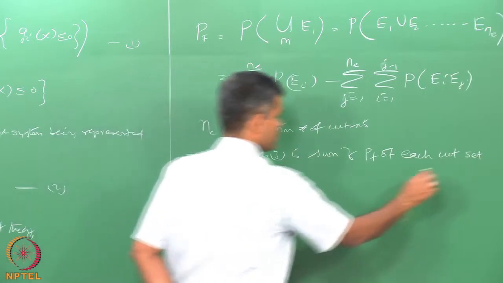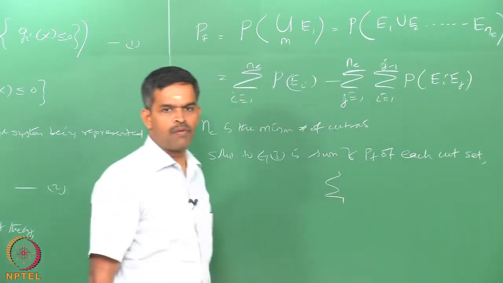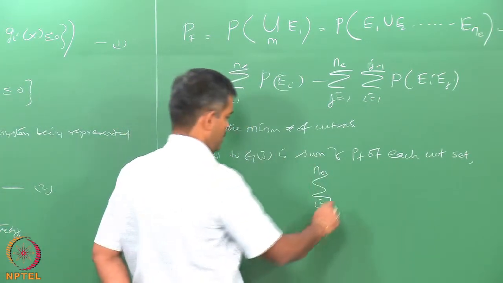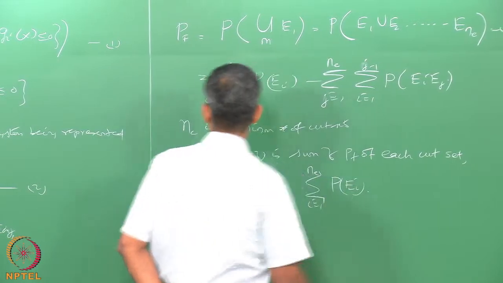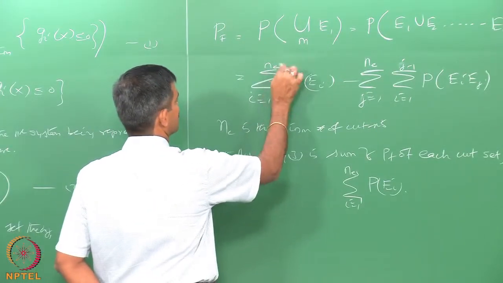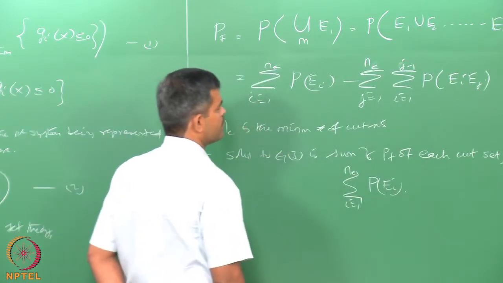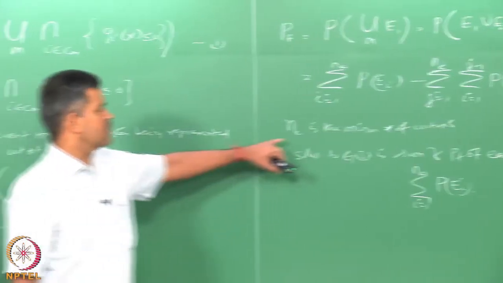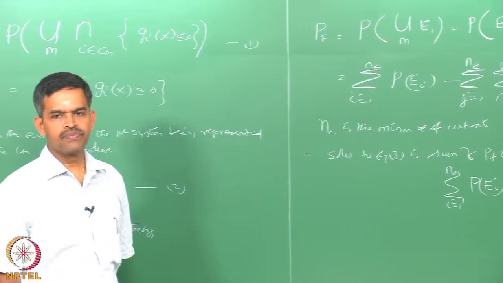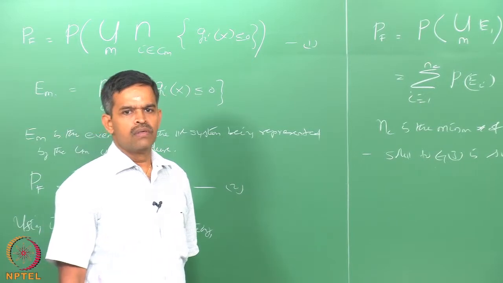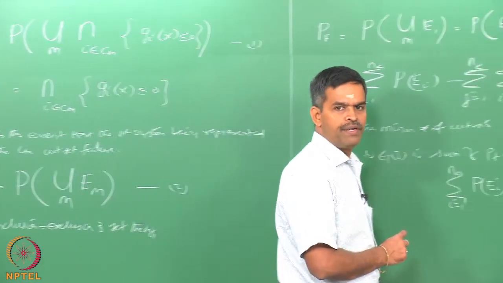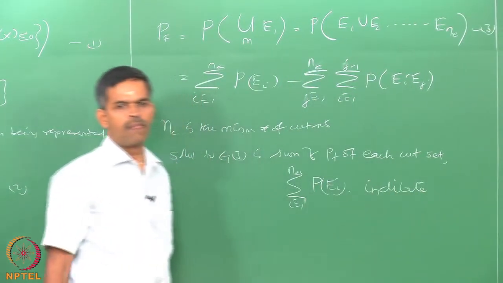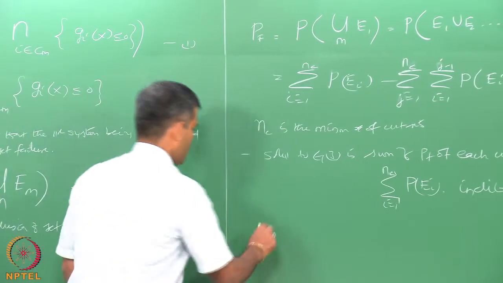Which is nothing but the sum of the probability of each cut set, i equals 1 to, let us say, Nc, where Nc actually is the minimum number of cut sets we have. So, which will indicate every possible intersection of cut sets, is it not?